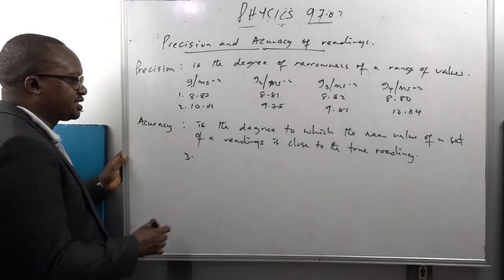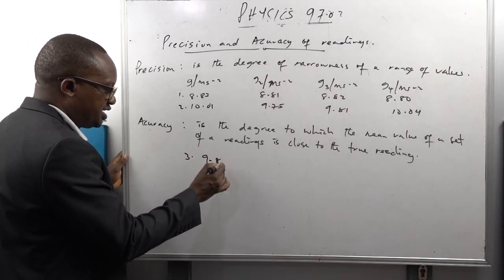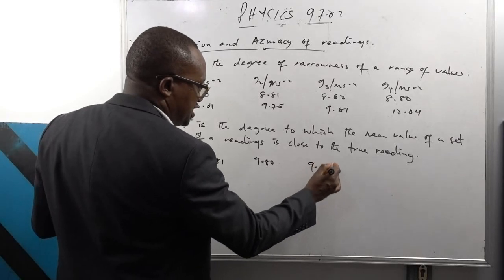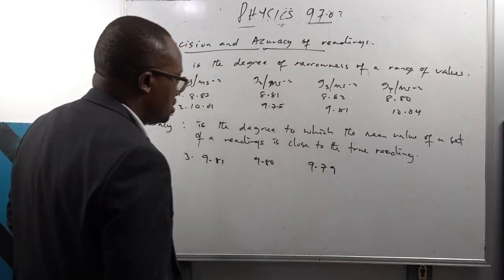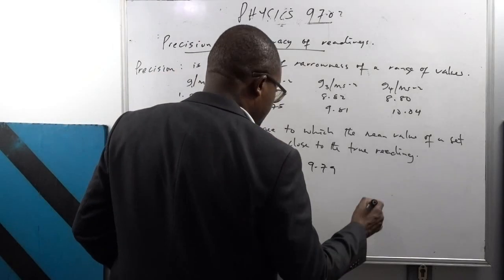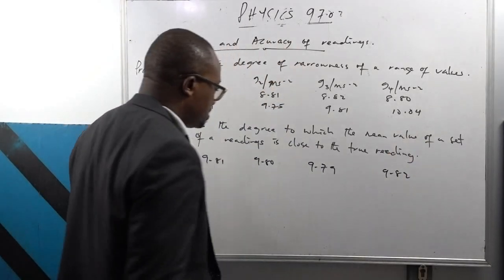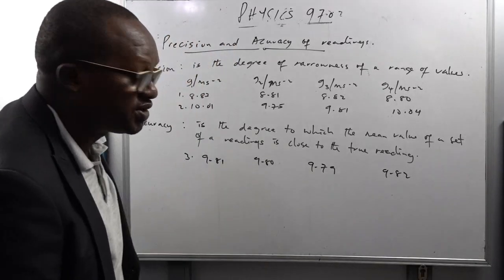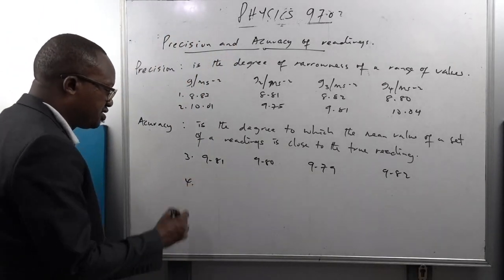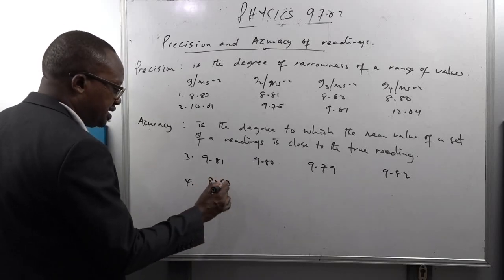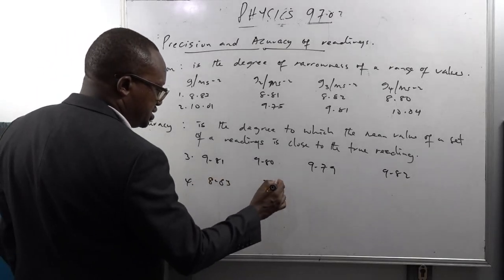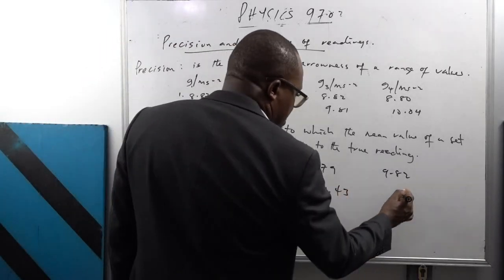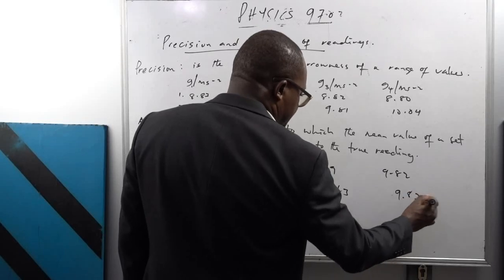So if I bring in another set of values like 9.81, 9.80, 9.79, 9.79, 9.82, this set of values is precise and also accurate. I also bring in another one: 8.83, 7.29, 9.43, 9.87.